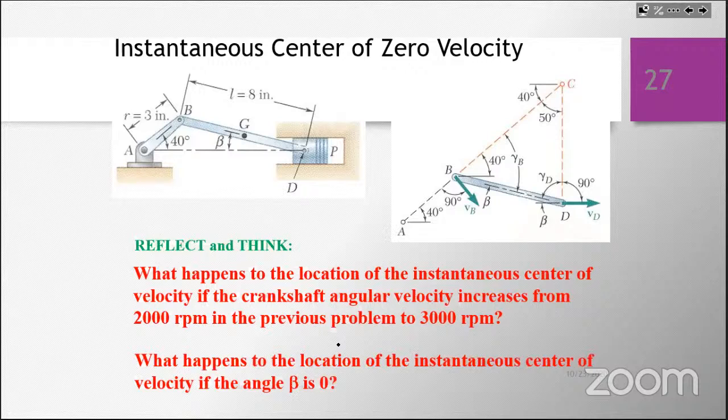So what happens if I change the orientation? And beta is now 0 degrees. So essentially, what does beta being 0 mean? I've got this flat. Remember, this is still going to go here. What does V sub B look like if this is flat? And how does that change my instantaneous center?